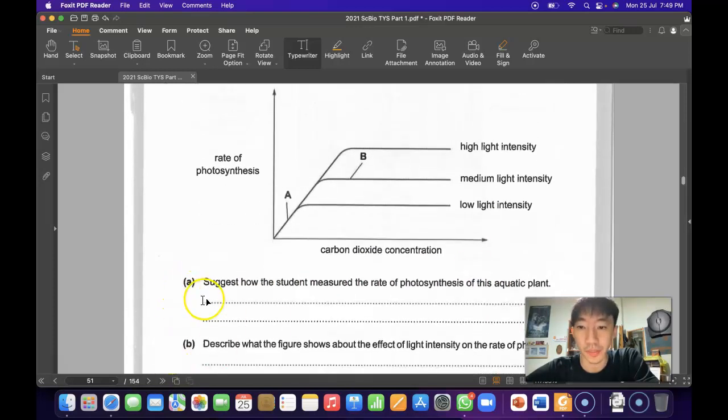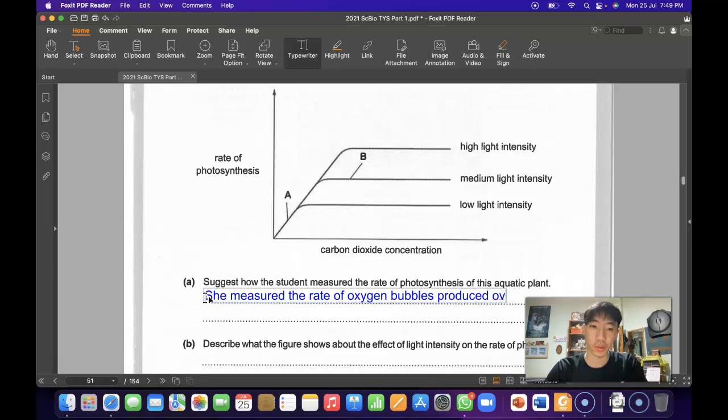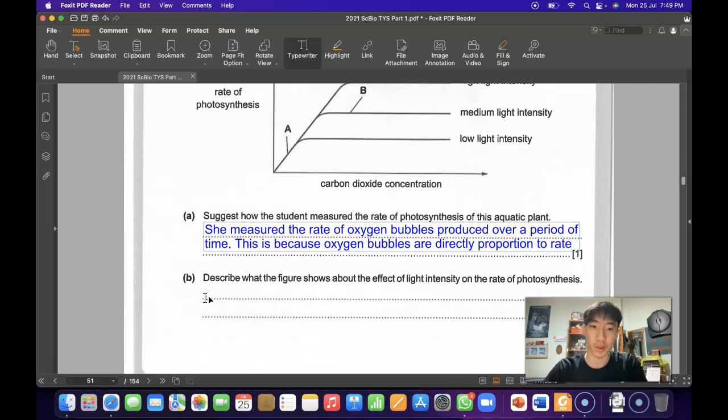Likely, she measured the oxygen produced over a period of time, because oxygen levels are directly proportional to the rate of photosynthesis.